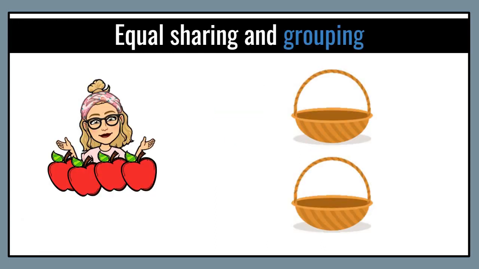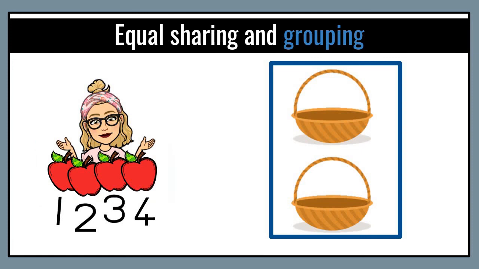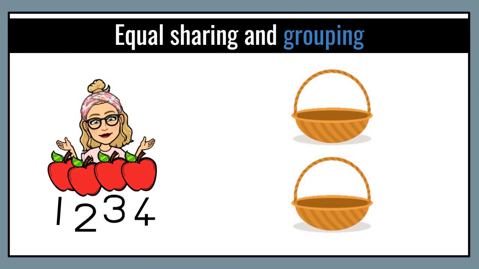I visited the supermarket and I bought some apples. These apples look so yummy. Help me count them. How many did I buy? 1, 2, 3, 4. Well done. I want you to help me to group these apples into these baskets. Will you help me?